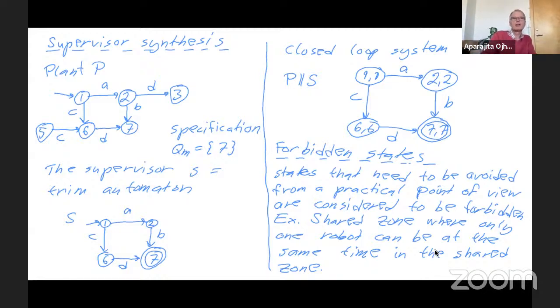For instance, a state when two robots are in the same space, in the same area, could be considered a forbidden state, as a specification to avoid collision between two robots. So the forbidden states are simply states that need to be avoided from a practical point of view. For instance, a shared zone where only one robot can be at the same time is an example of that.